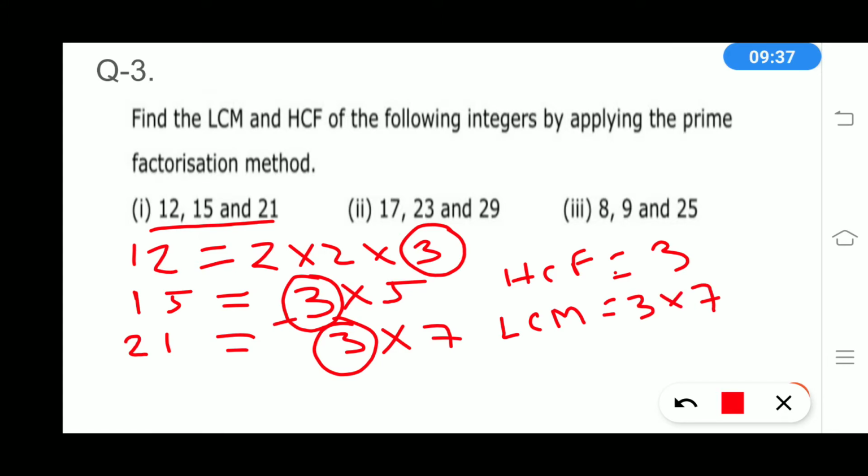Here is 3 and 5, so 3 is already written, so the remaining is 5. But here 2 into 2 is not written, that means 2 into 2. Okay. So this is the LCM. Clear? Now see the answer.